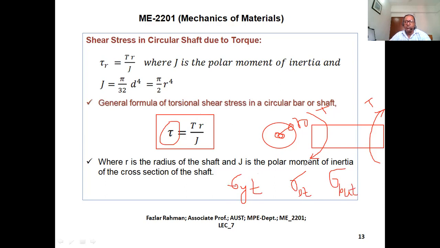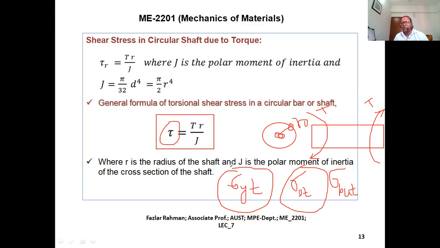We are not worried about these two. If you loaded a structure until ultimate stress, then it will not come back to its previous size, because yield strength is less than ultimate. Ultimate is the higher strength. Then you have sigma y. So always you stress the structure less than sigma yt.